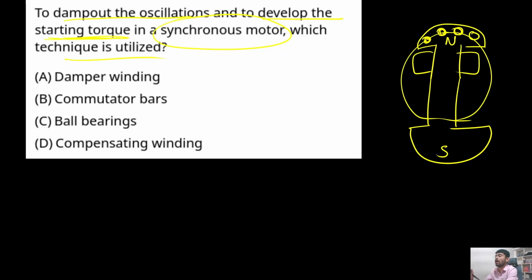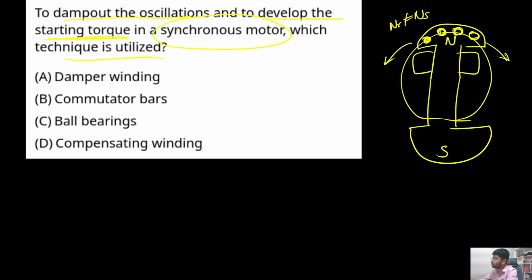Whenever there are oscillations, like whenever there are sudden loads, the motor starts to oscillate, the rotor starts to oscillate, and it may fall out of synchronism. So whenever there is hunting, NR is not equal to NS. Again eddy currents will be induced in the squirrel cage rotor bars, and it will produce a torque, and again it will come into synchronism.